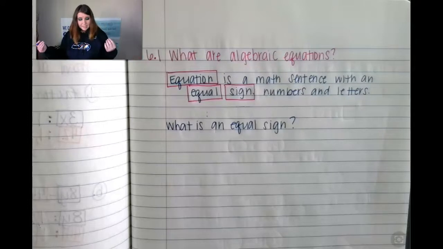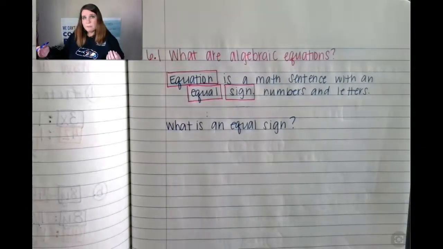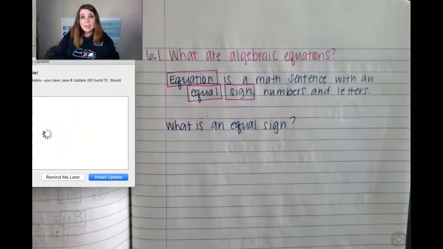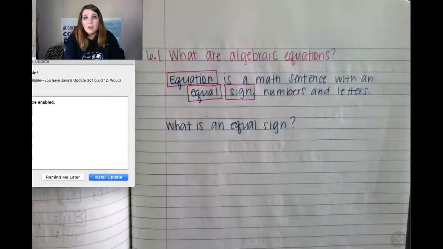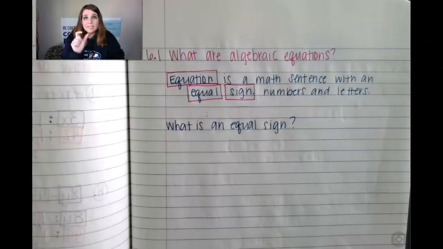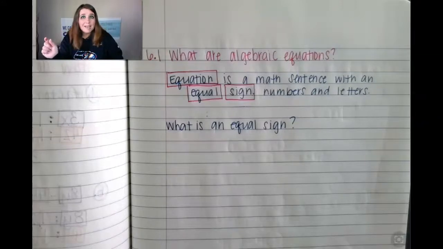It's saying that you have one side of a math problem, one math sentence, and it's going to be the same as another math sentence. They're equal.